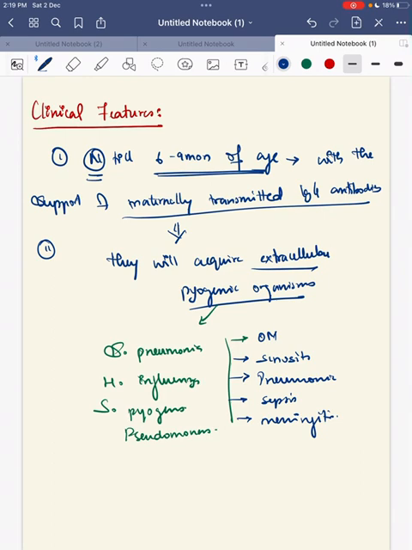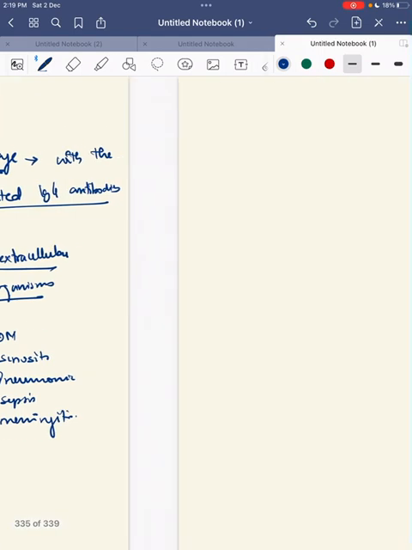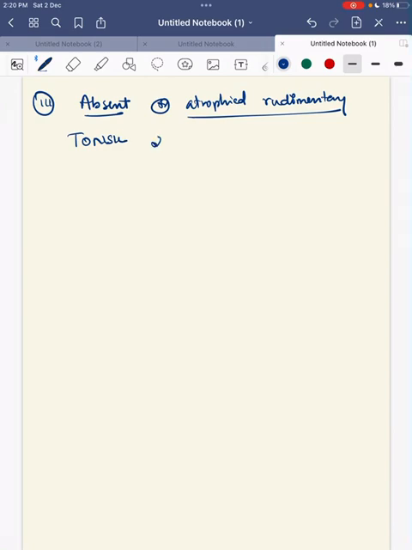The child will experience recurrent infections, and more than 50% of the children will have a serious infection by 2 years of life. Next point is absent or atrophied rudimentary tonsils or non-palpable lymph nodes.